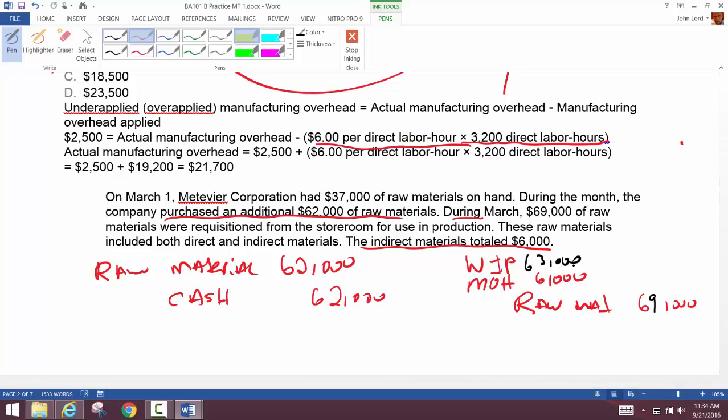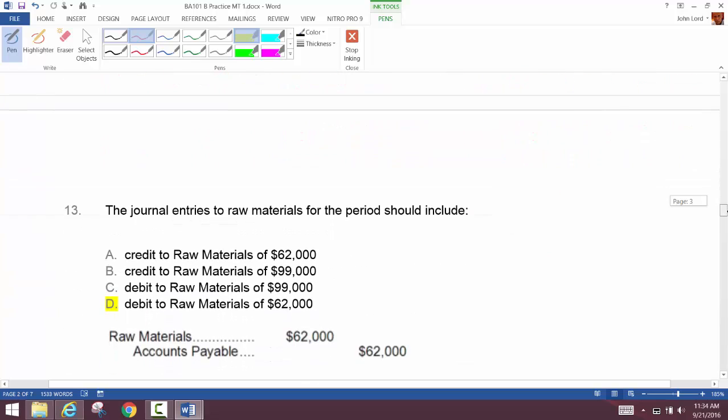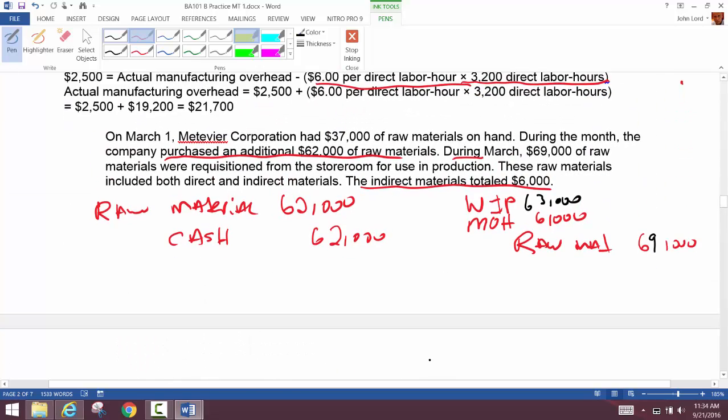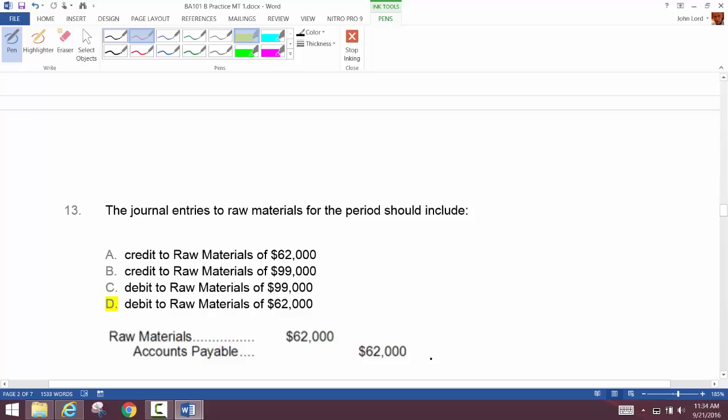Now let's take a look and see what they give us as the problems, now that we went through that whole set of facts. They say the journal entry to raw materials for the period should include the debit of 62,000. That's when we bought them, right? Only one of these is the right answer.